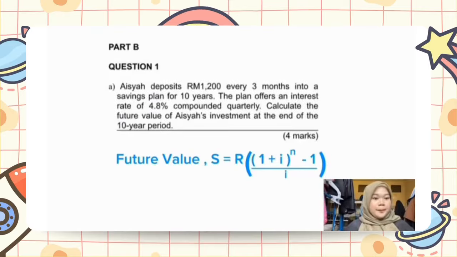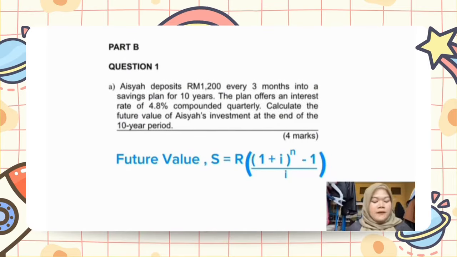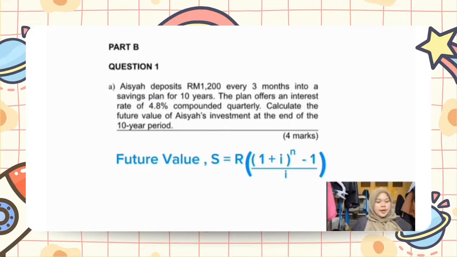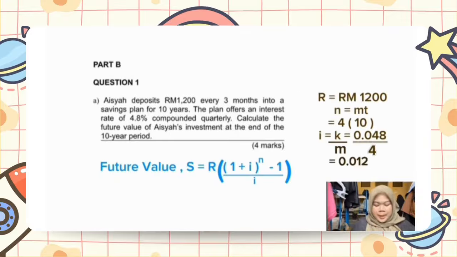Now we move to part B, question 1. So here we have to find the future value of Aisha's investment. So the future value here is S equals R [(1 plus I) to the power of N minus 1] per I. So we have to find the R. R is the periodic payment. So the periodic payment here is 1,020. And I is interest rate per period. It was K per M. K is the nominal rate.